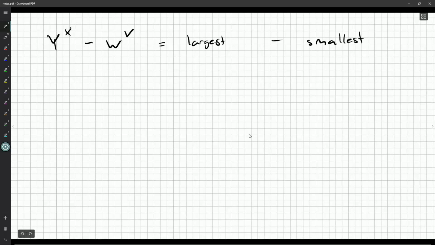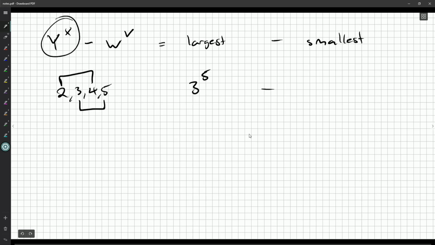So of all the ways to pick 2, 3, 4, and 5, what gives me the largest possible exponent? We might get something like 3 to the 5. That's not the answer, but we might get something like that. And then we would ask, what's the smallest? Well, if the 3 and the 5 are chosen, that leaves the 2 and the 4 left, right?